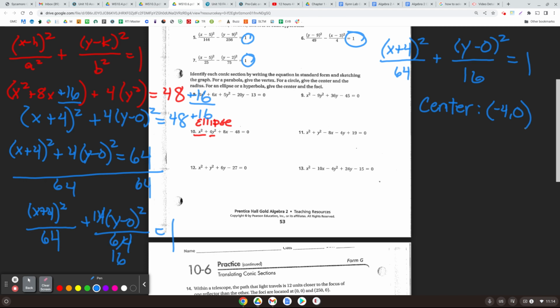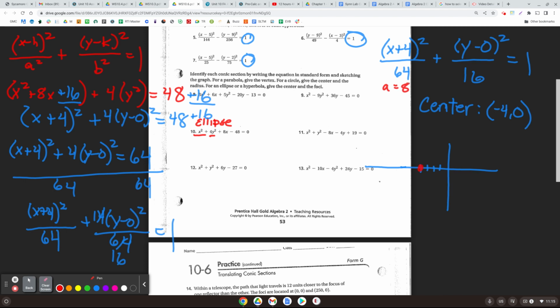We're going to sketch the graph for them. So we're going to go right. Let's see. Oh, hold on. We got to get the center on there. So here's the center. And then we know that our A is 8.